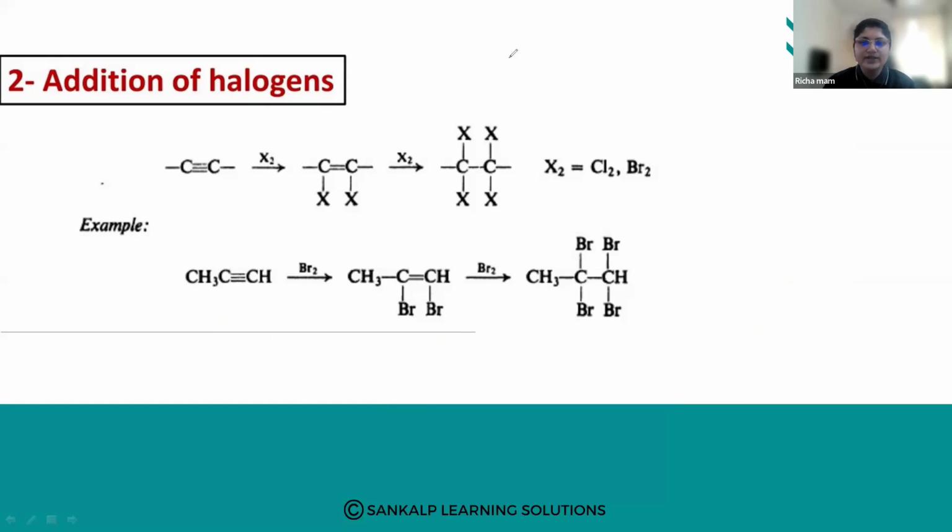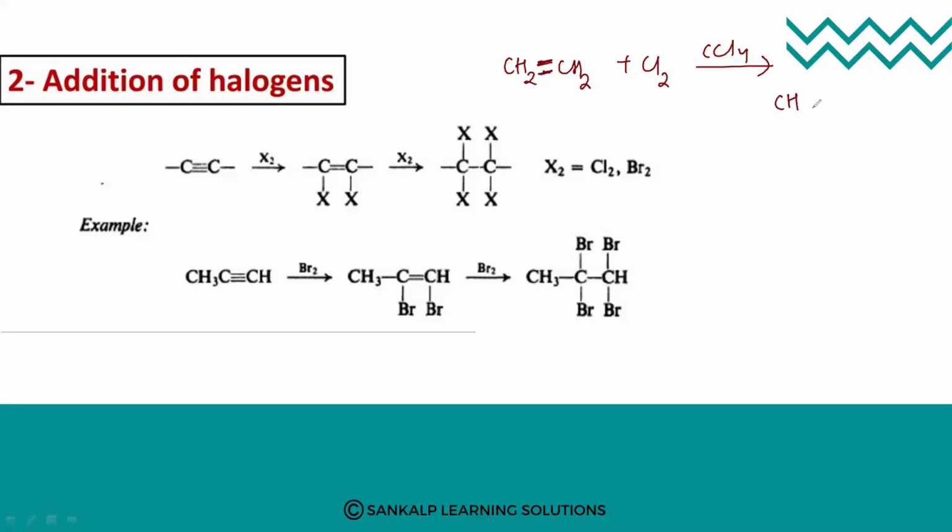Now, I'll give you one example. I want an answer from you all. So this plus Cl2 in the presence of CCl4. Tell me the answer. What will be the answer? I'm adding halogen across the double bond. CH2.